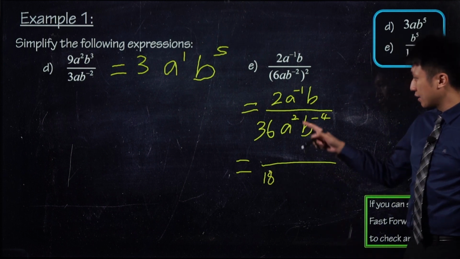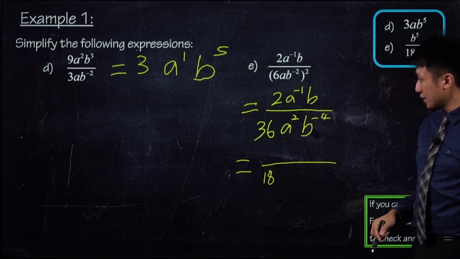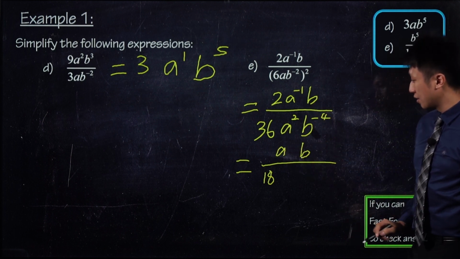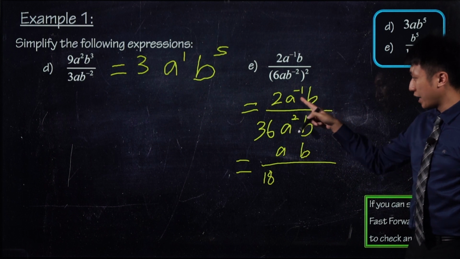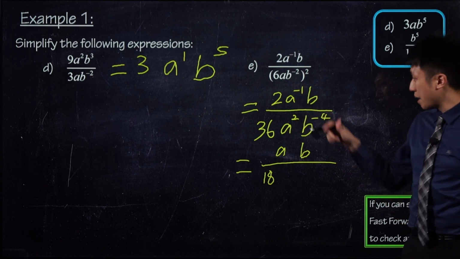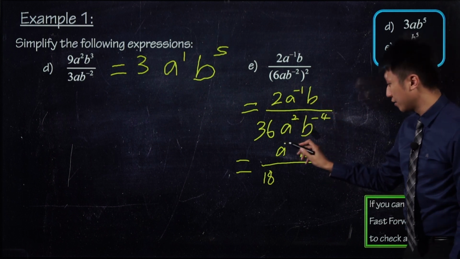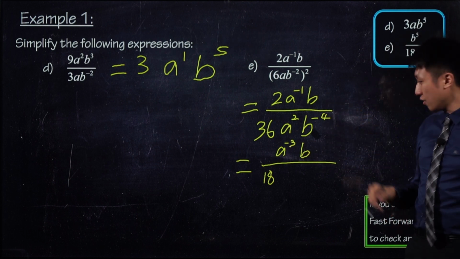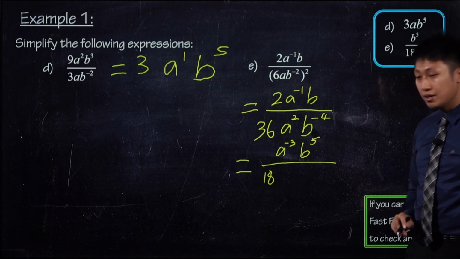Then this one, you can write as A and B. So A is negative 1 minus 2, so it's negative 3. And this one, 1 minus negative 4, it becomes plus 4, so it's 5.